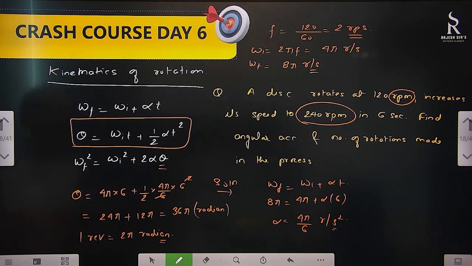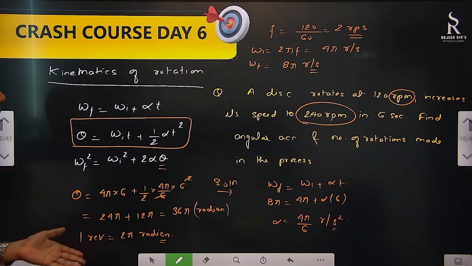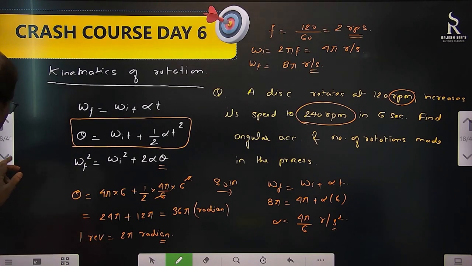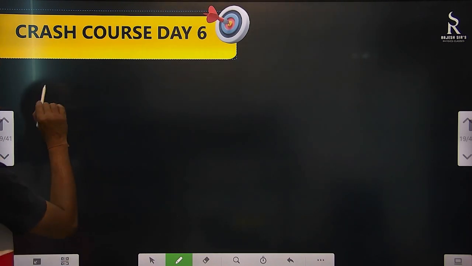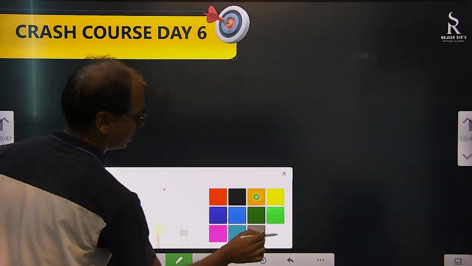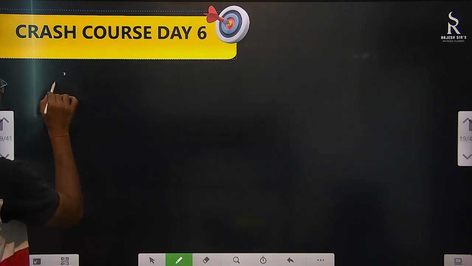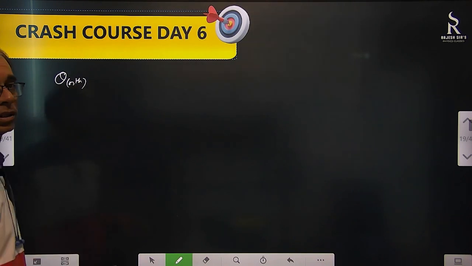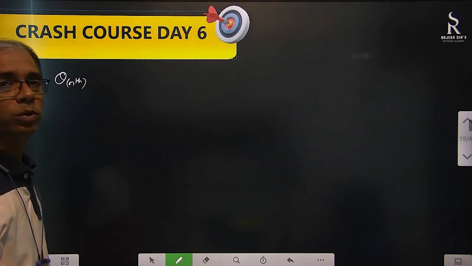Okay. Can we write one more equation? Theta turned in nth second. Yes, you can write. Whatever we have seen in kinematics, we can apply over here by just changing the variables. Theta in nth second. Distance traveled in nth second, what we said? U plus a by 2 into 2n minus 1.